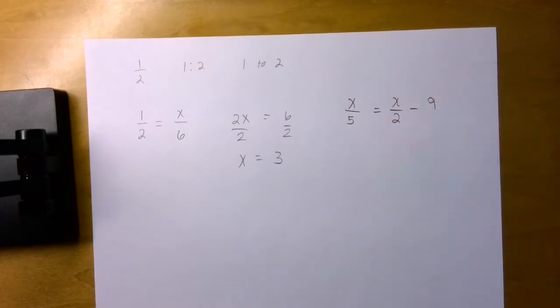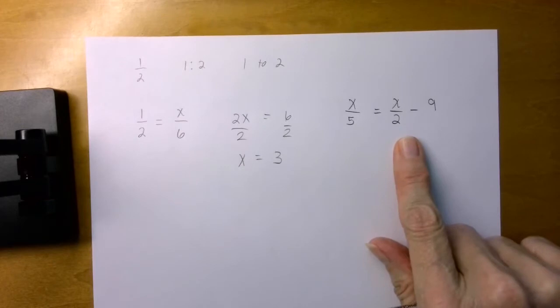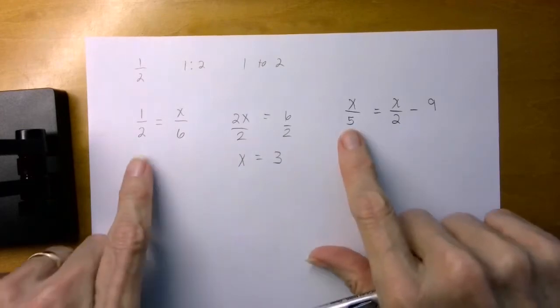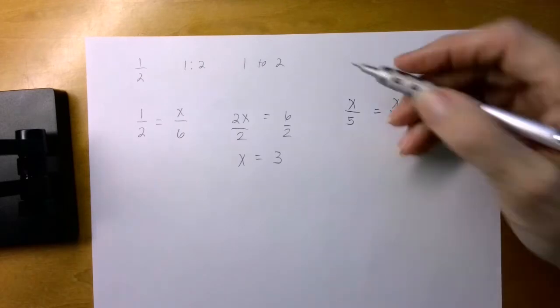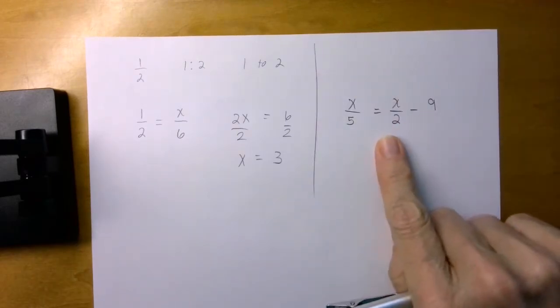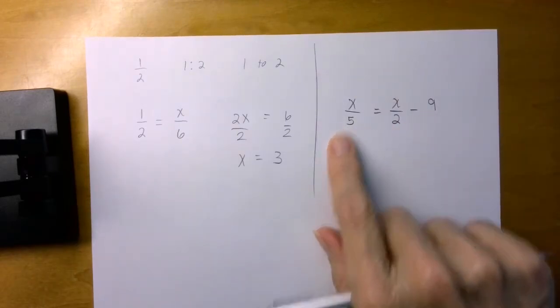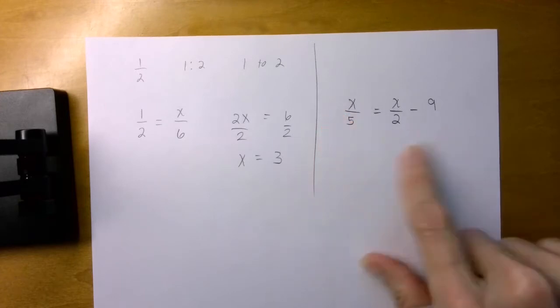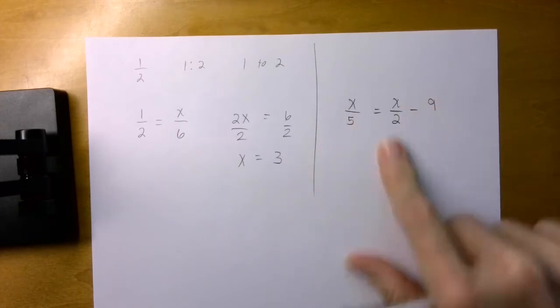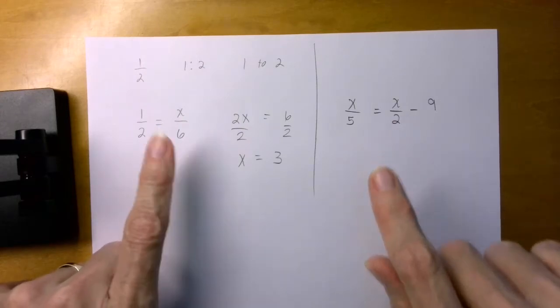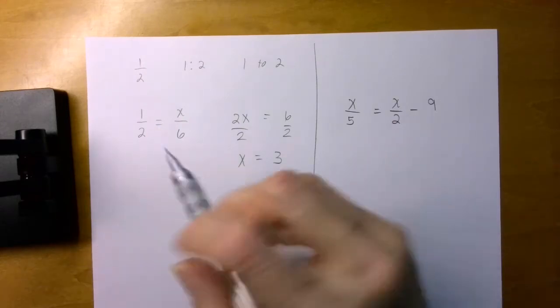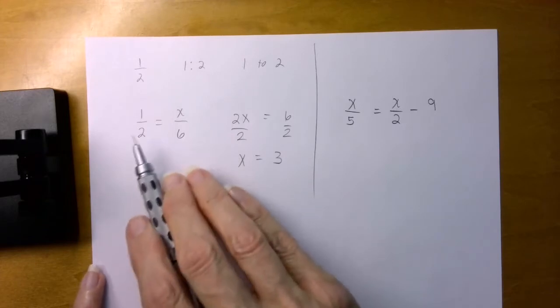This is not the definition of a single fraction equal to a single fraction. This is some stuff over here equal to some combination of stuff over here. I cannot treat this in the same way. Again, a proportion is a single fraction equal to another single fraction. This is not what I have here.